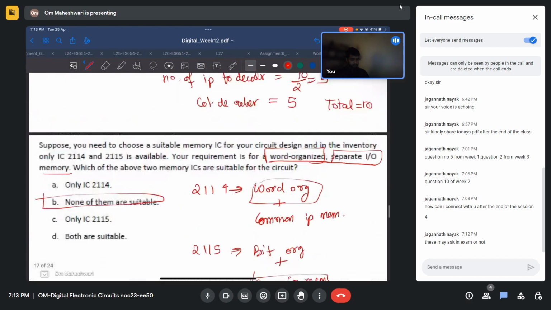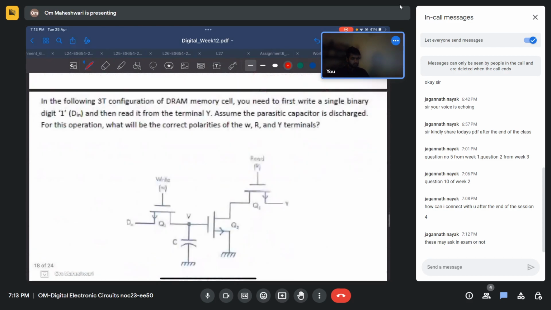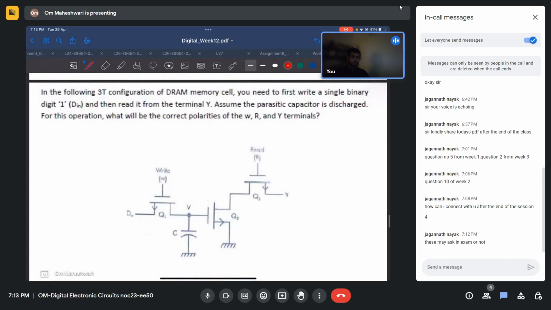I don't think these theoretical ones are important. The logical ones that you have to solve actually to get an answer are more important.